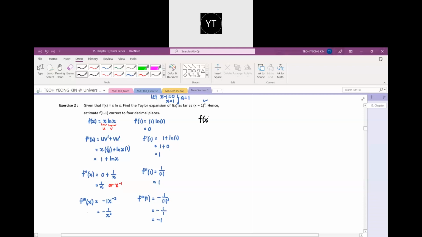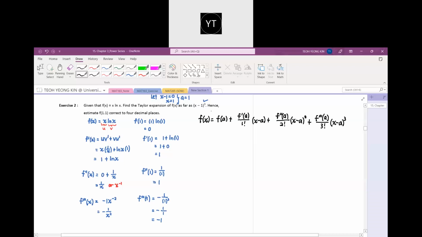Fx is equals to Fa plus F prime A over 1 factorial x minus A plus F double prime A over 2 factorial x minus A squared plus F triple prime A over 3 factorial times x minus A cube. That's why I remember, jika dia minta sampai kuasa 3, kita berhenti kat third derivative. Beza kali ketiga saja.